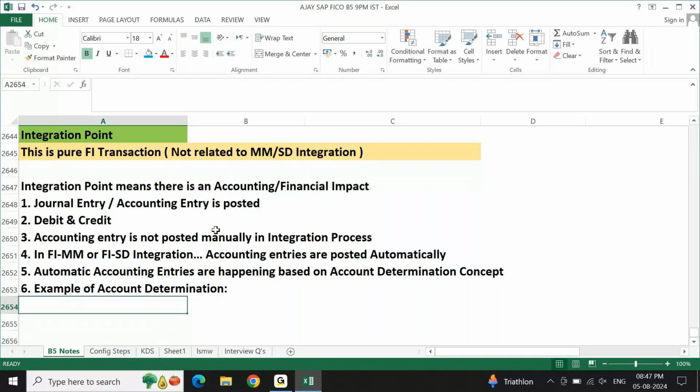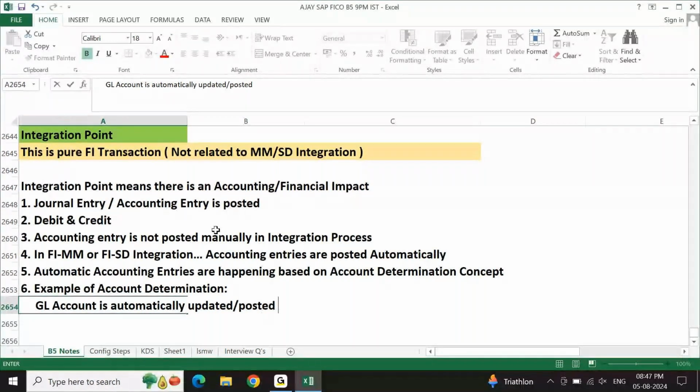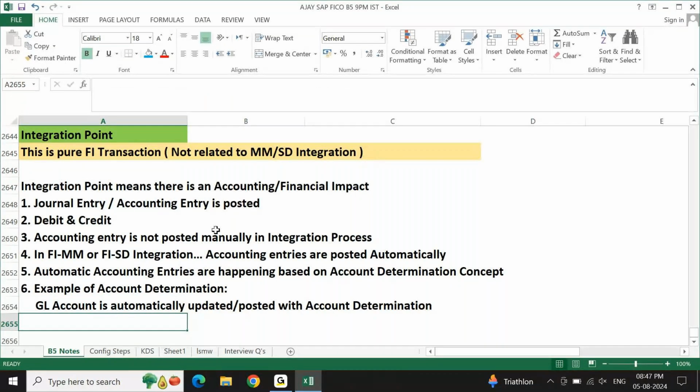This is basically a GL account being automatically updated or posted with account determination.